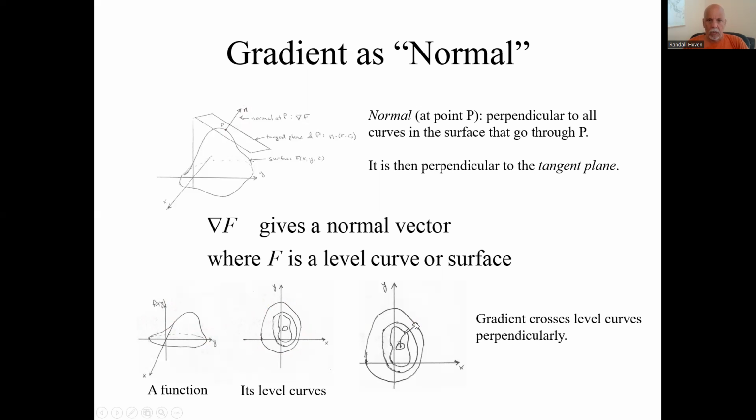Every time, the gradient at a given point is in a direction that's perpendicular to those level curves. So the gradient not only points in the direction where you go up this function most rapidly, it also crosses a level curve for that function perpendicularly.